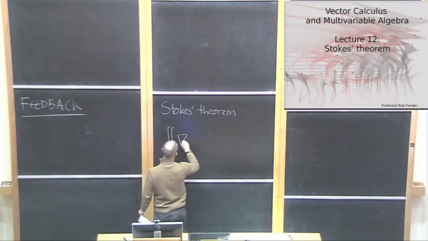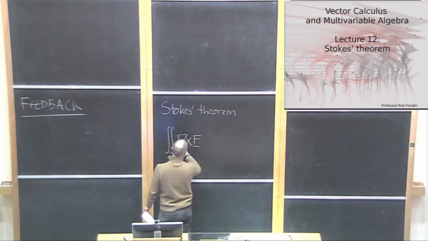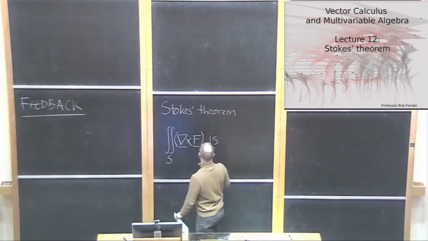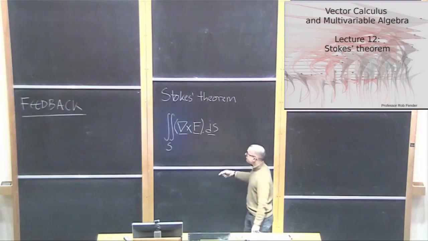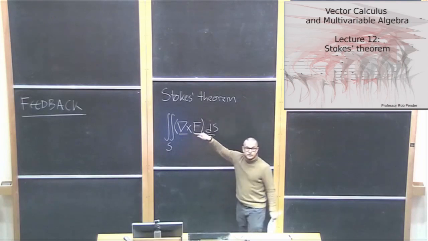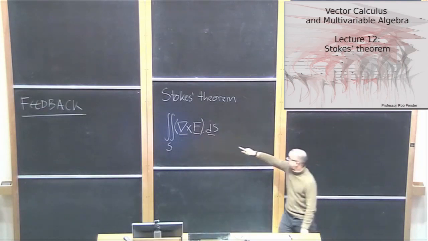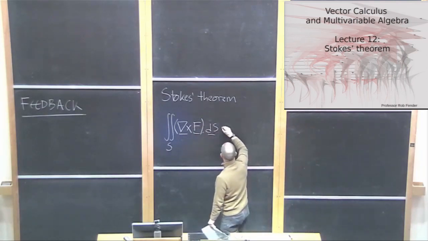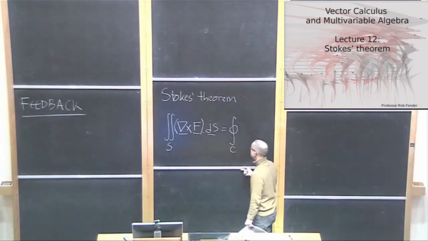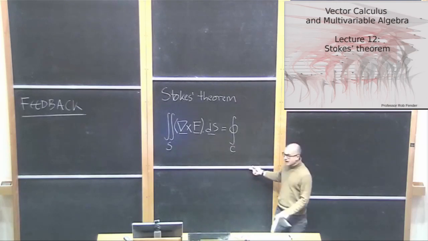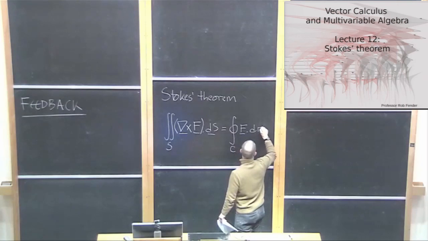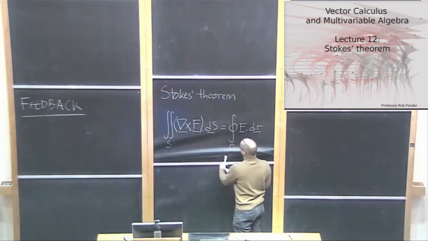Stokes' theorem relates the surface integral of the curl of some vector field f. So this is a surface integral, this is the curl of a vector field f. Because the curl of a vector field is itself a vector, this is a vector surface integral. It relates that to the closed loop which marks the boundary of that surface and the line integral of that same vector field around that boundary.